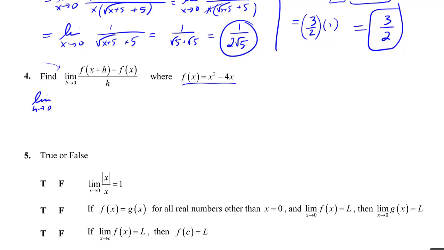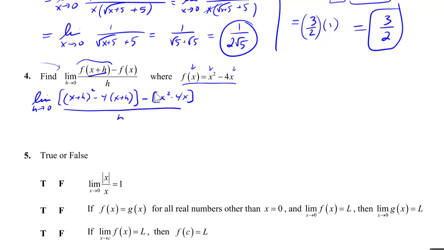That means f of x plus h would just be putting in x plus h everywhere for x. So that would be x plus h squared minus 4 times x plus h. I'll put that in brackets, minus f of x itself, which is x squared minus 4x, and then over h.